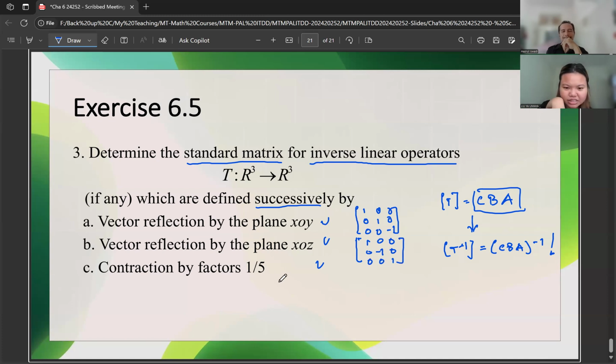Yang C, contraction means that here, ya, 1 over 5, zero, minus one.